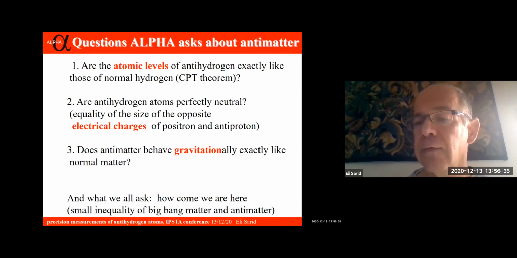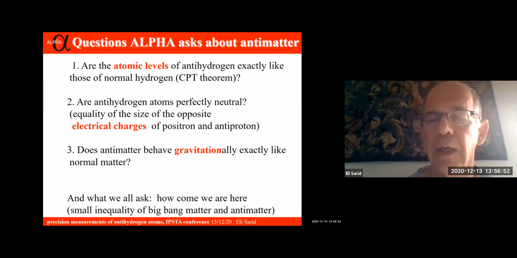Specifically, the prediction that we will find exactly the same atomic levels and transition energies as in normal hydrogen atoms is a very basic prediction of the CPT theorem. So even the slightest violation of this identity will cause a physical earthquake.